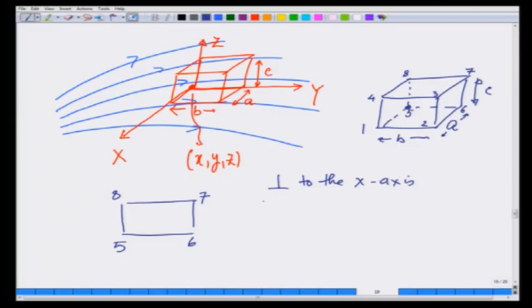and if there is a velocity of fluid v, we are talking about velocity field.